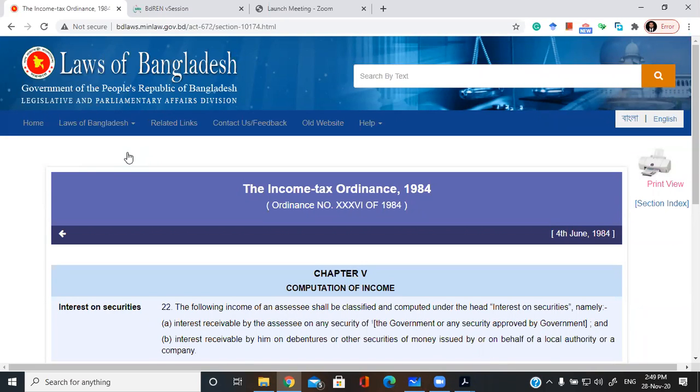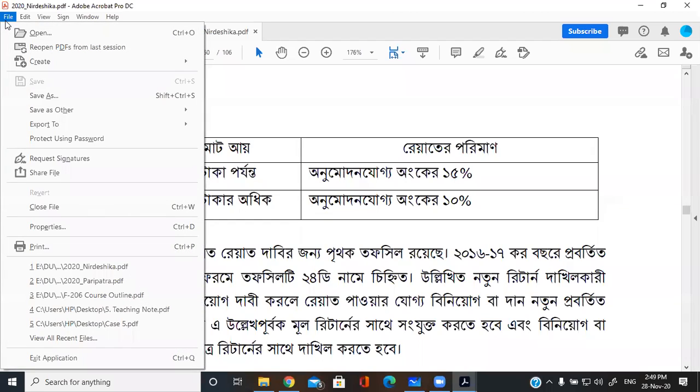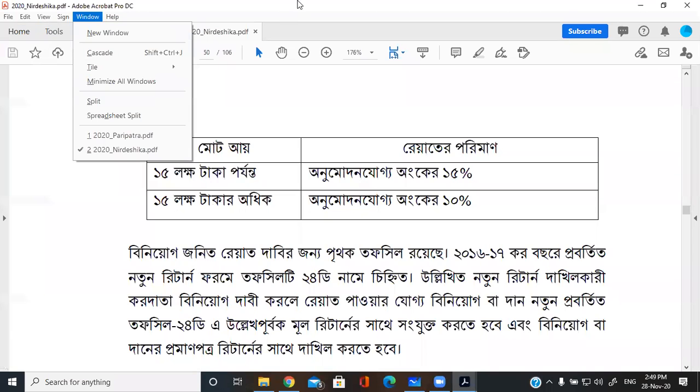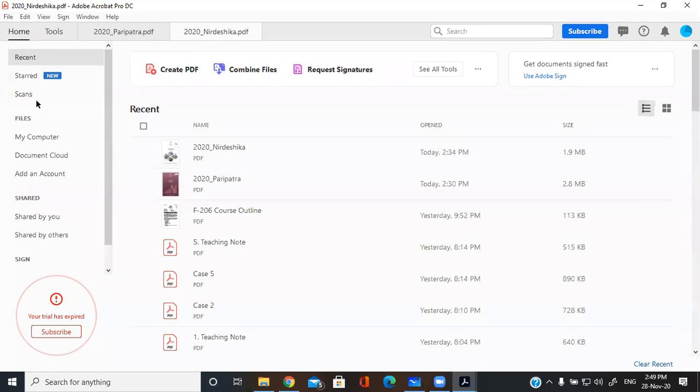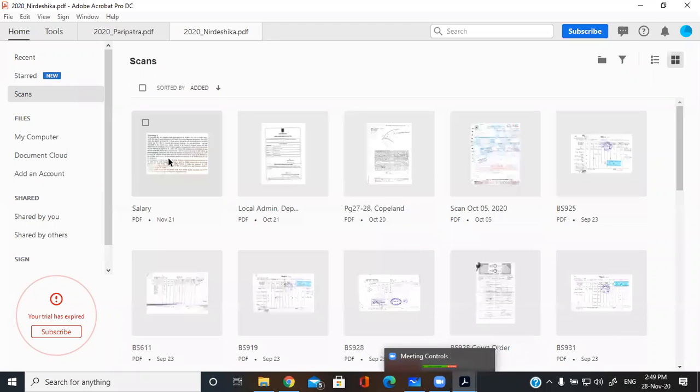You would probably see the chapter mentioned in your course outline. So for most of the families, you will see that income from interest on securities is available there.